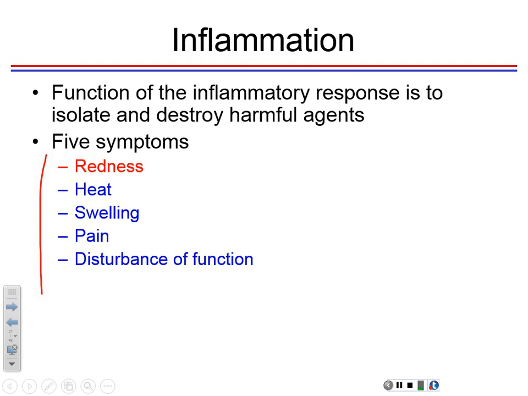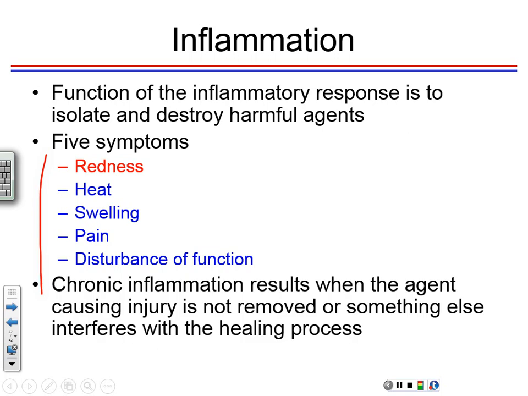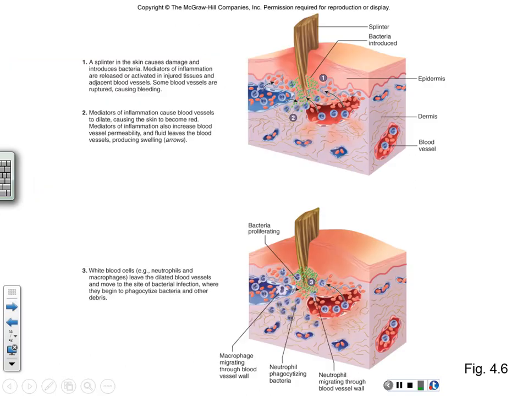So it disturbs the function because the blood rushes there. So just be aware of the basic characteristics. Chronic inflammation is bad because, again, it disrupts the normal function of the tissue, right? And then you may have big problems. And then healing, I will talk about tissue repair.